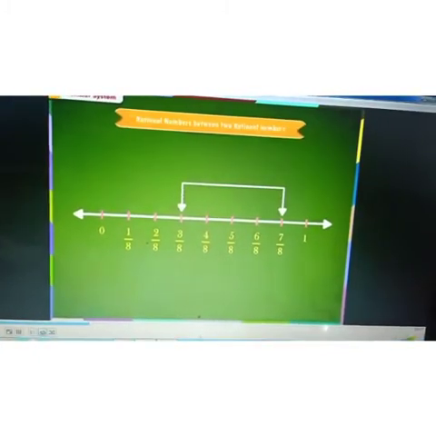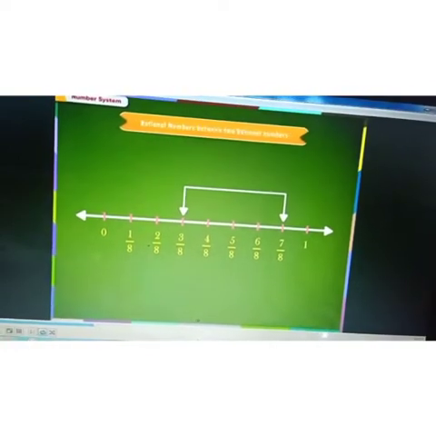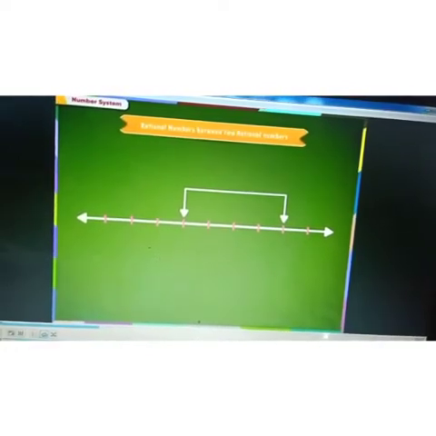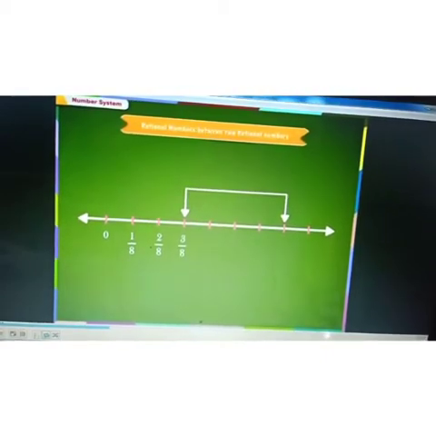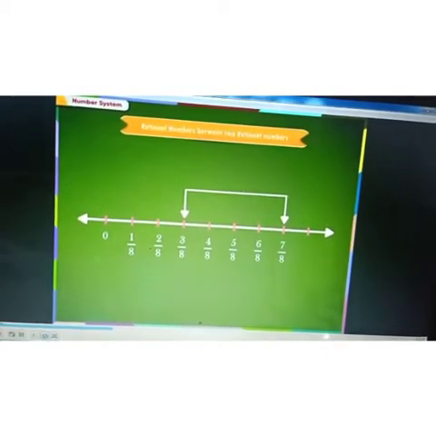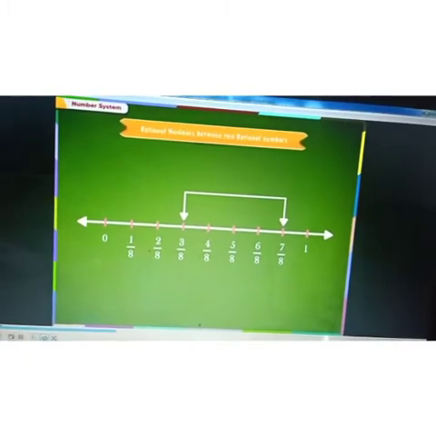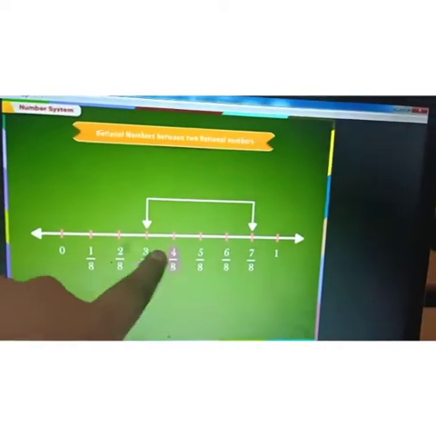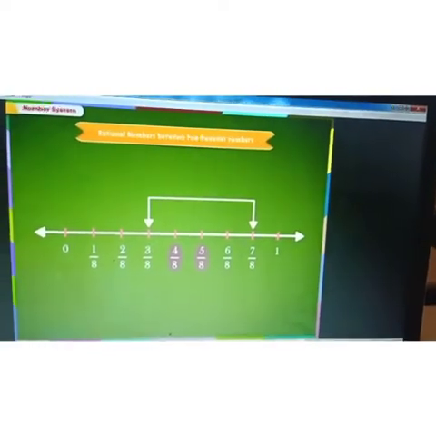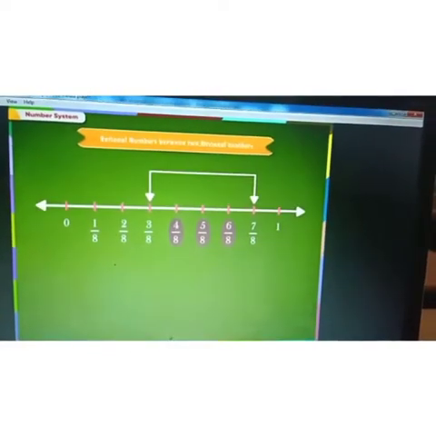Okay, so let's take an example. Which numbers lie between 3 by 8 and 7 by 8? Let's take the number line between 0 and 1. This number line is divided into 8 parts. So we have to find the rational numbers between 3 by 8 and 7 by 8. So what are the rational numbers? 4 by 8, 5 by 8 and 6 by 8.